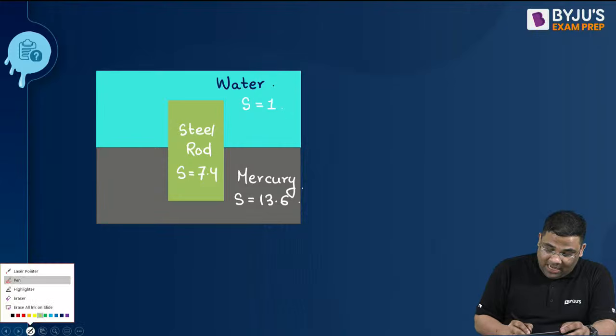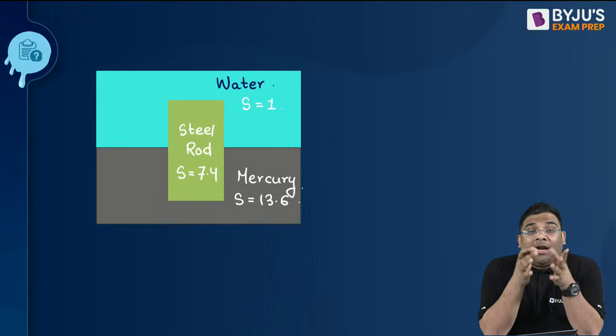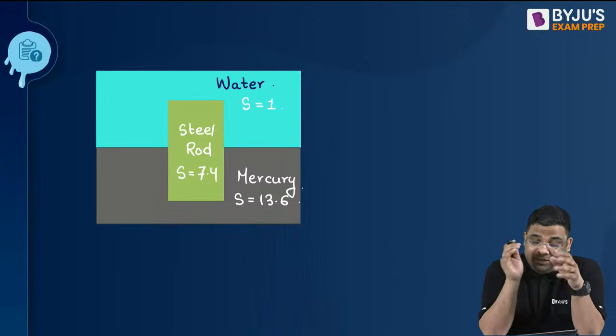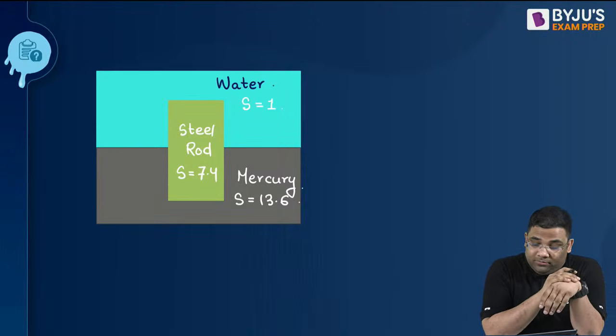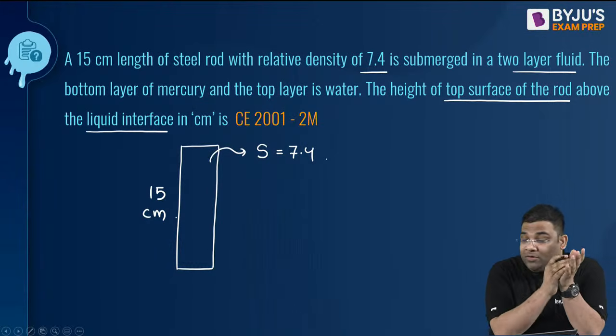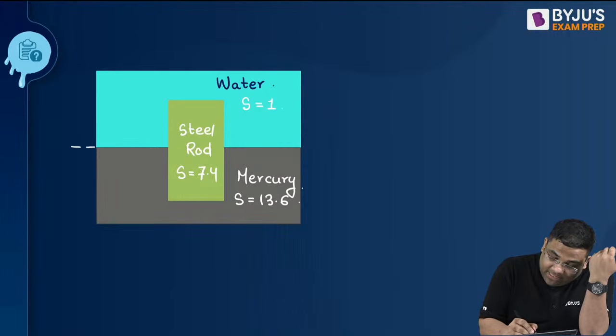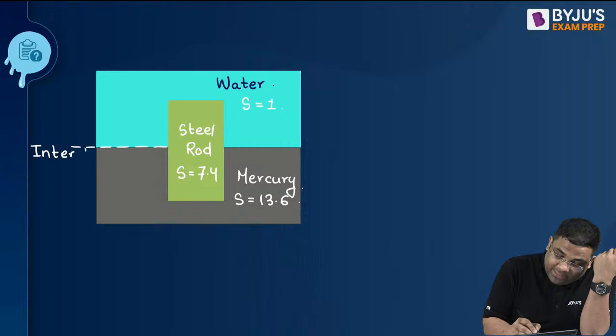I will not give you any formula for this. I will make you understand how Archimedes principle is applicable here. See the question now: the height of the top surface of the rod above the liquid interface. This is the interface of both the liquids.